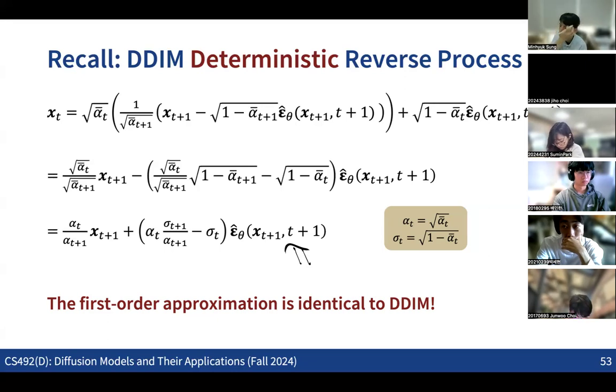And since we are solving the ODE formulation directly, not the SDE, and with this derivation of how we can solve that with the first order approximation, now we can see why we can get good results even with few iterations. So this is the connection between the DDIM and the ODE, the probability flow ODE that we have seen today.